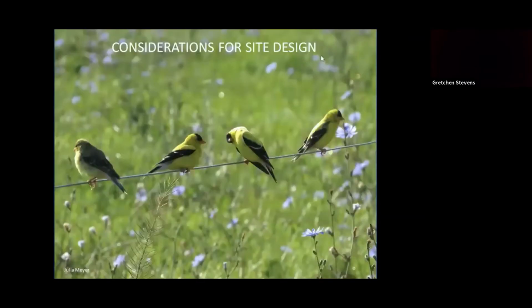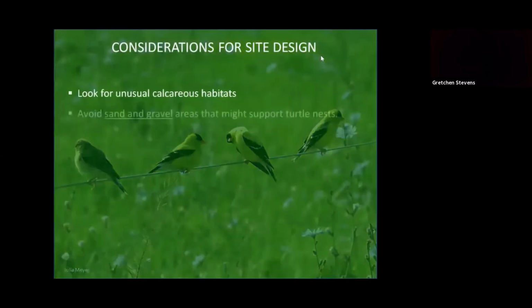So how would this affect our considerations for the site design if this were, say, a subdivision proposal or some other development? Well, I would want to begin by asking the applicant to look for unusual habitats, such as perhaps some fens in some of those wetland areas, or calcareous ledges if there are rock outcrops on the site.